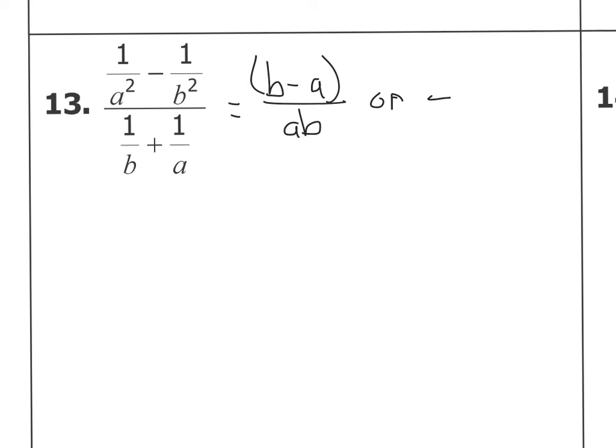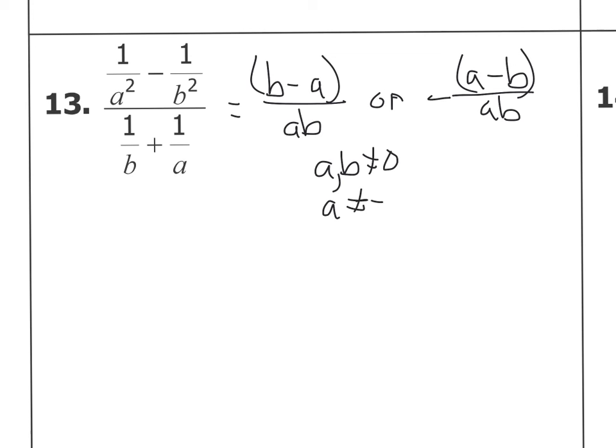Most of you will not choose to do that, and you could have a minus b over ab. Either one's acceptable. Your restrictions on this are kind of weird. On either one of these, your restrictions are going to be a and b will not be able to be 0 because they're in your monomials, right? And then the other thing is that a cannot equal a negative b.